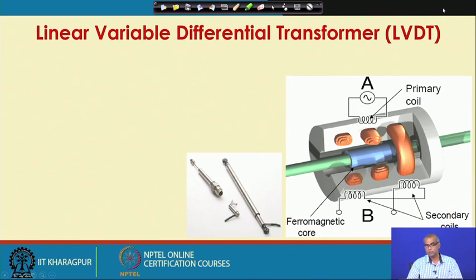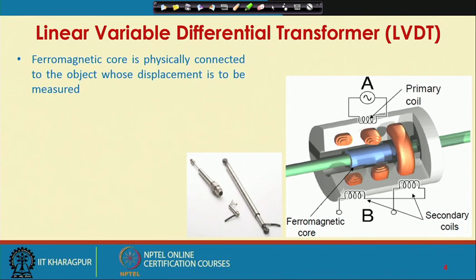The linear variable differential transformer, or LVDT, looks as shown on the screen. It consists of one primary coil and two secondary coils which are connected in series. A ferromagnetic core is physically connected to the object whose displacement is to be measured.